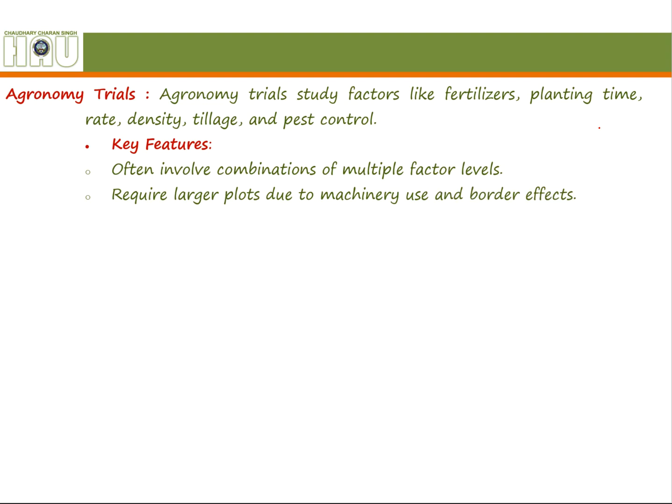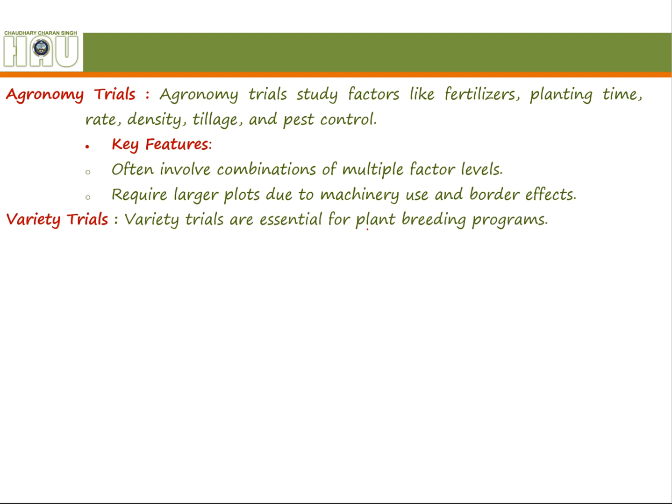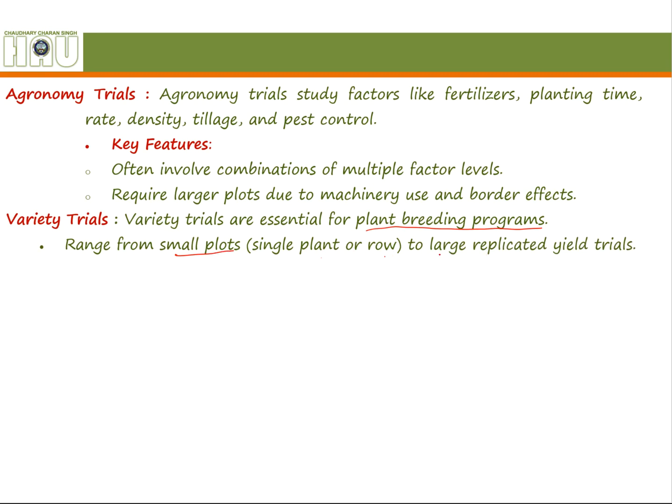So in these experiments, the plot size should be large. And some other types of trials are there. There are varietal trials conducted by plant breeding people. The varietal trials are essential for plant breeding programs and they range from small plots, meaning a single plot or row, to large replicated yield trials.